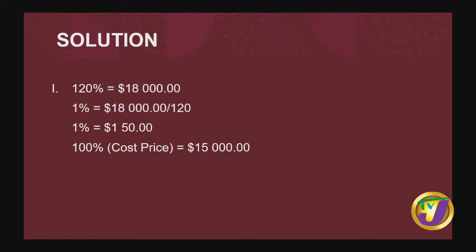As you stated before, my selling price is inclusive of a 20% profit. So it means I've now gone over. So 120% is equal to the selling price, which is $18,000. I now need to find out what is 1%.